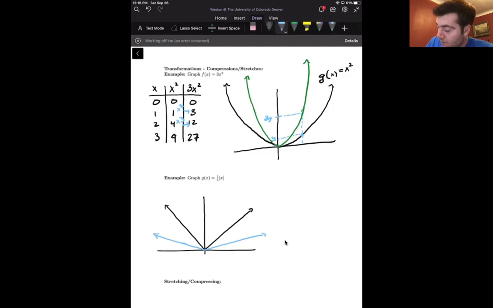Where instead of, if this is 5, then up here we would have 5, and this new point down here would be 1. So with the original graph, the absolute value of 5 is 5, but 1/5 times the absolute value of 5 is only 1. And so that's a compression. And above is a stretch.